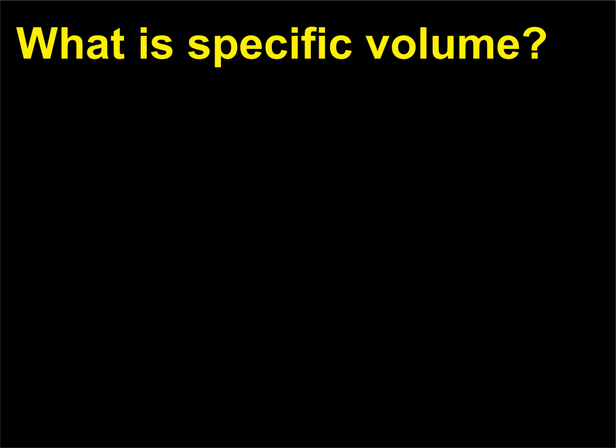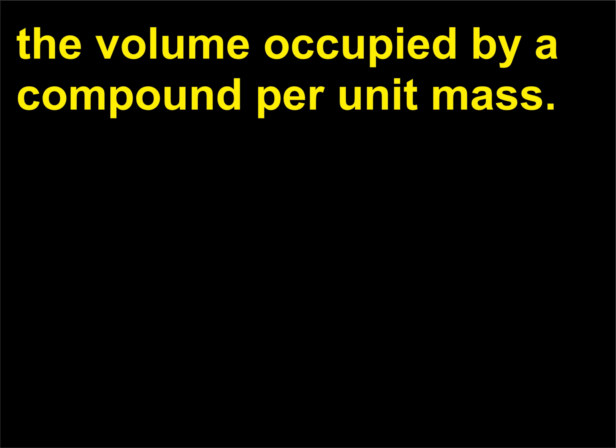What is specific volume? The volume occupied by a compound per unit mass.